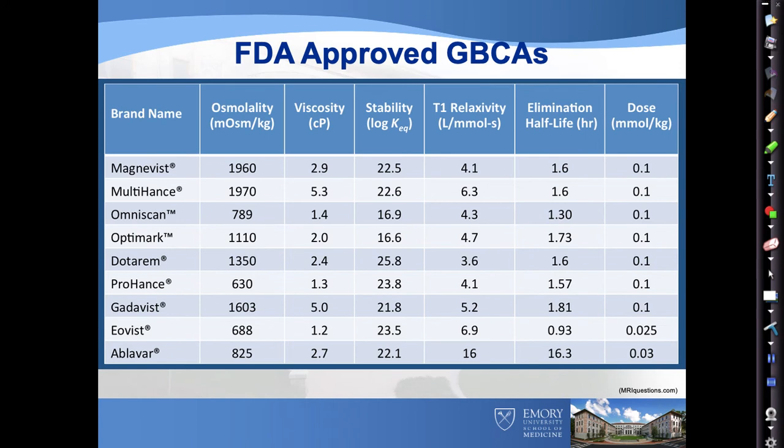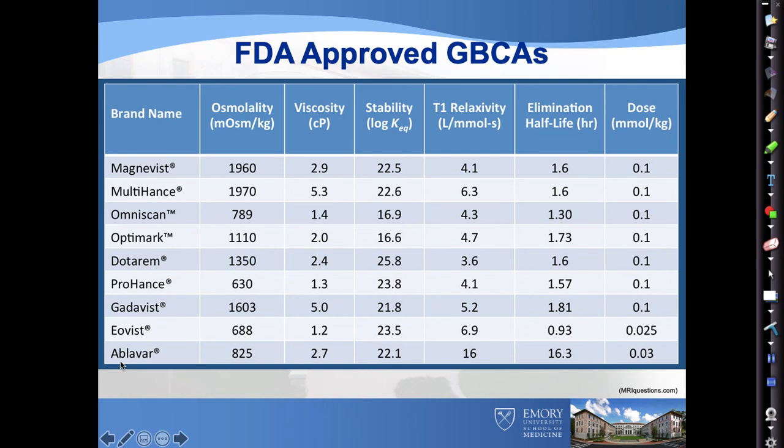Here is a list of the FDA-approved gadolinium-based contrast agents. Most of these agents are extracellular. Eovist is a hepatobiliary agent. A hepatobiliary agent is excreted mostly by the liver and biliary ducts.